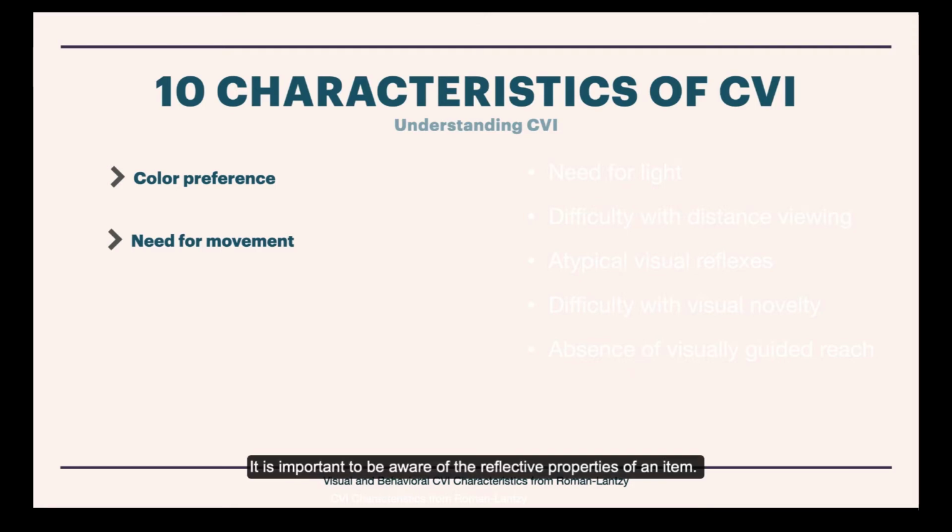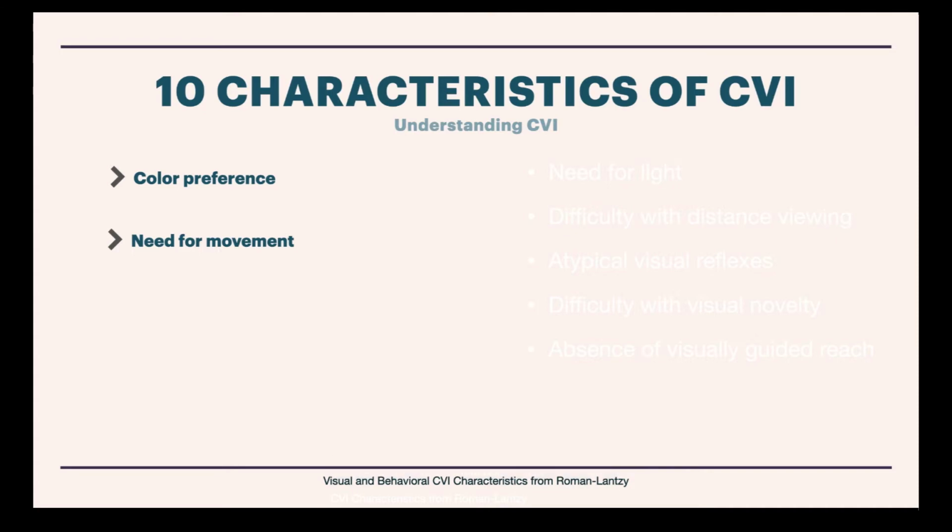It is important to be aware of the reflective properties of an item. A silver item, for example, will reflect multiple colors within the room, and as we just discussed under the characteristic of color, some children can only process one color at a time. This may become problematic.